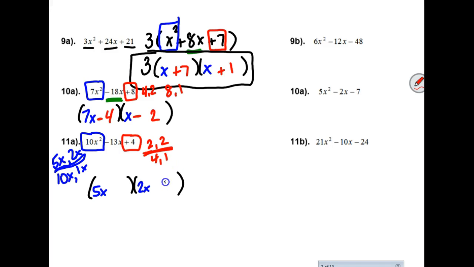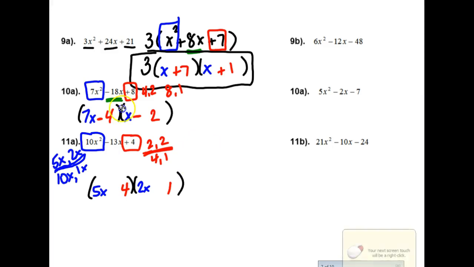Because if you put a 2 right here, you'll have a common 2. And we already said there's no common term. So I'm going to ignore the 2 and 2 option for now, and I'm going to try 4 and 1. Now for that same reason, I'm not going to bother to put a 4 here, because 2 and 4 would also have a common factor. So forget that. I'm going to put a 4 here, and a 1 here.